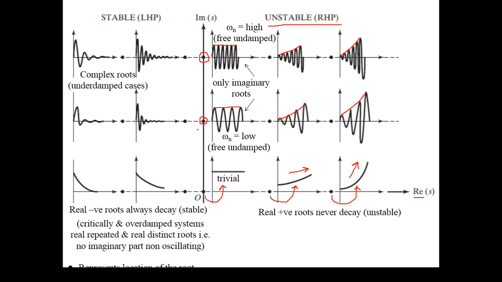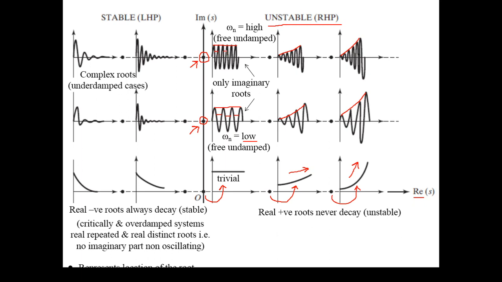So this root here represents a lower value of imaginary part, because it is plotted nearer to zero, whereas this one represents a higher value of imaginary part, because it is plotted farther away from the zero of the coordinate system. And so a lower imaginary part means low frequency. You can see that the distance between these peaks is much larger compared to the distance between these peaks.